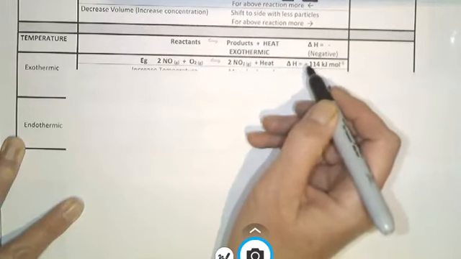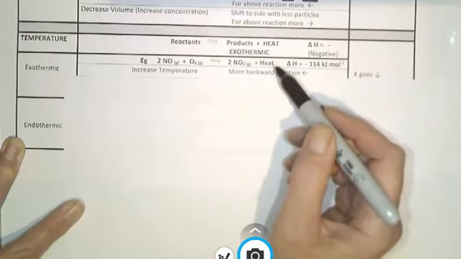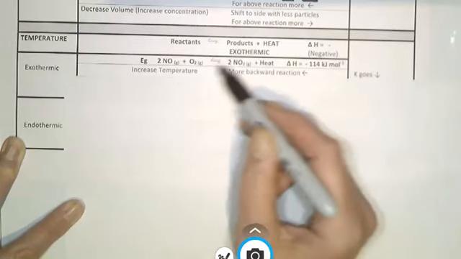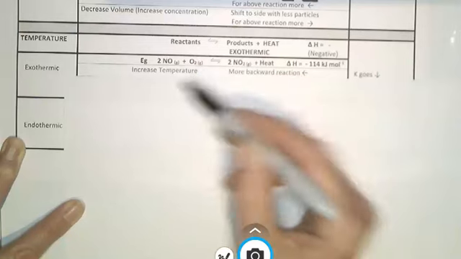So heat, exothermic, you can tell it's exothermic because of negative enthalpy here. So heat is produced. So if we increase the temperature, Le Chatelier would treat it just like as if you'd added product. So you'll get more back reaction to remove the heat.